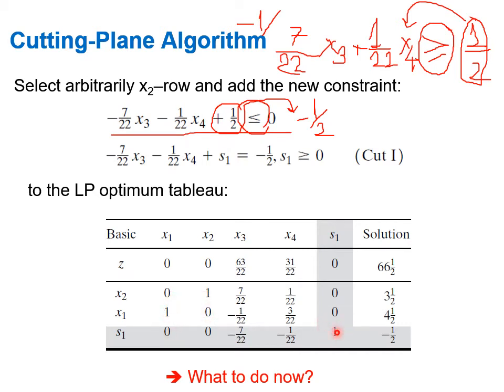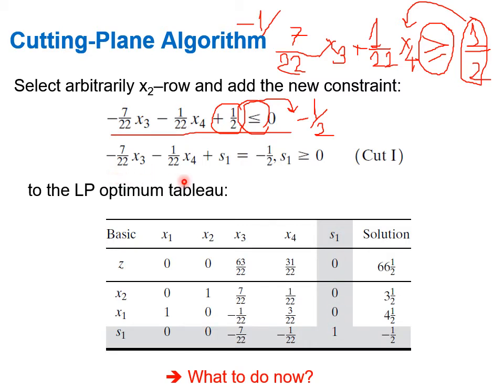And if we have this as a 1, we have 0, 0, 1. But if it is -1, then we don't have the canonical form. So in order to have the canonical form, we converted this cut to a less than or equal to, and we included a plus slack variable here. Okay, so this is the column of the new variable.